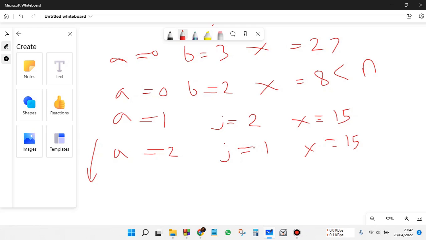If j value stays, a value is always increasing, so x is always increasing. Because of this, we also decrease the j value. A is equal to 3 and j is equal to 0, and x function value is 27.